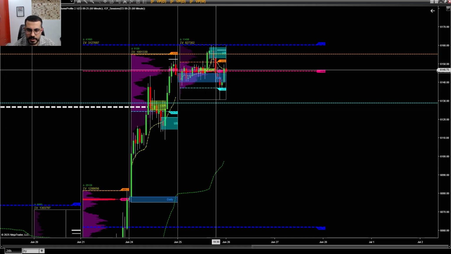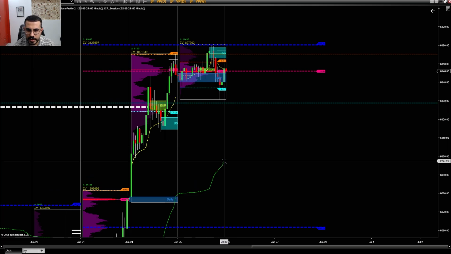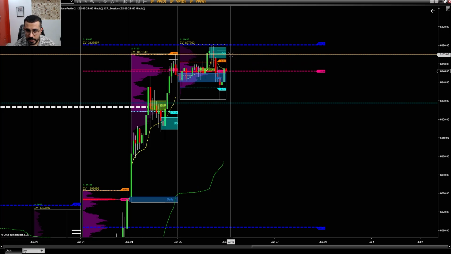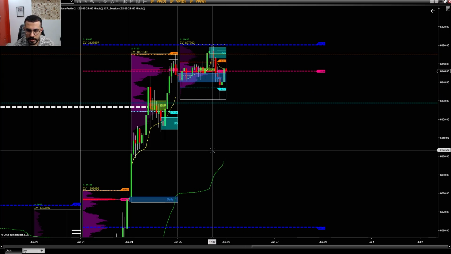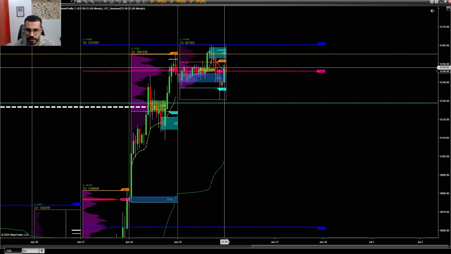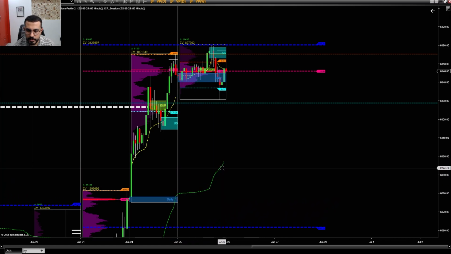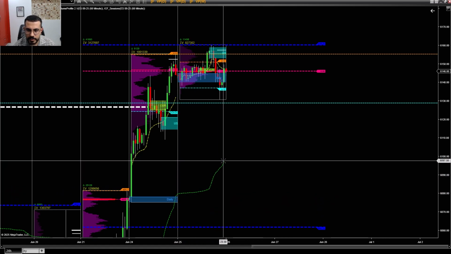There's another chance that we might range till the VAP comes higher, because the more volume that happens up here, the VAP will move toward the price and volumes. As you can see today, we moved a lot on weekly VAP.